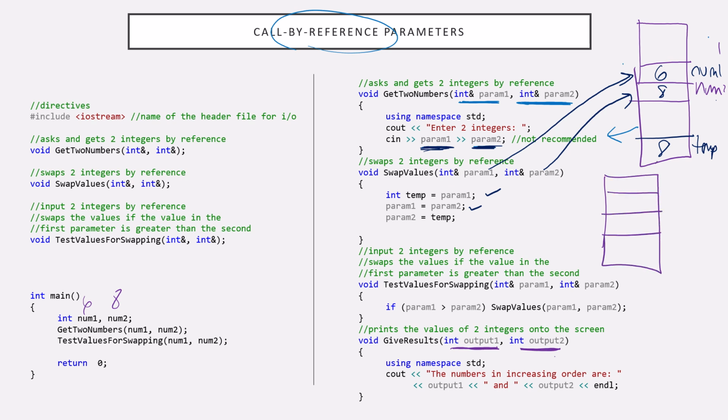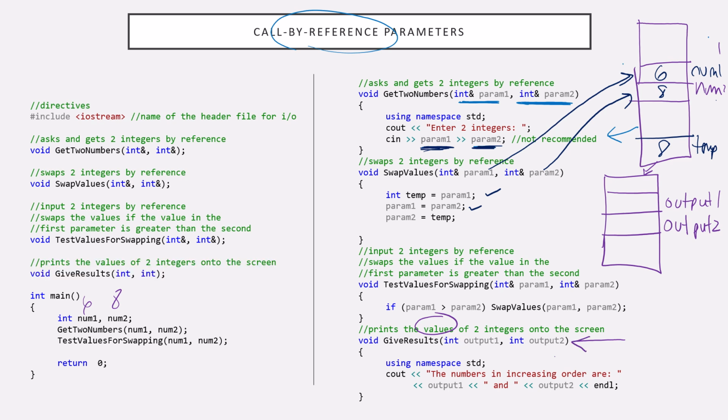So just pretend that the memory continues. So this is output 1 and output 2. So these are values. You notice that these are passed by value parameters because they do not have ampersands. So this is the function prototype for that one.